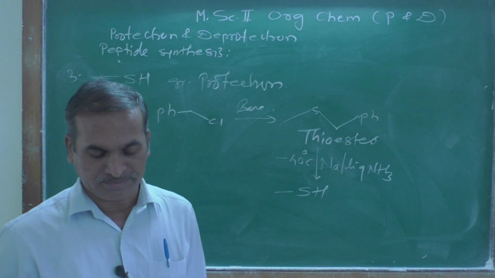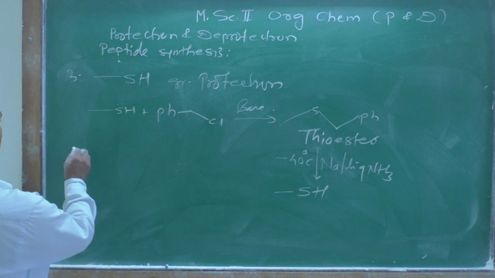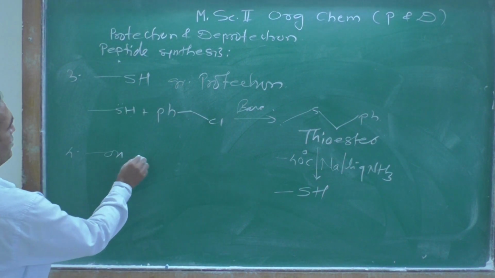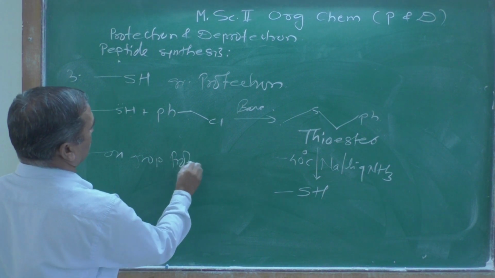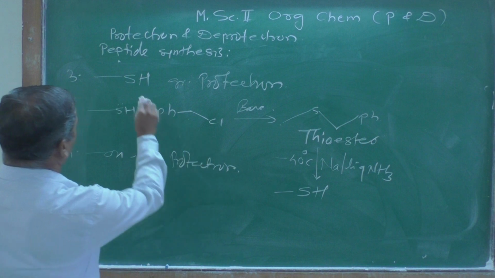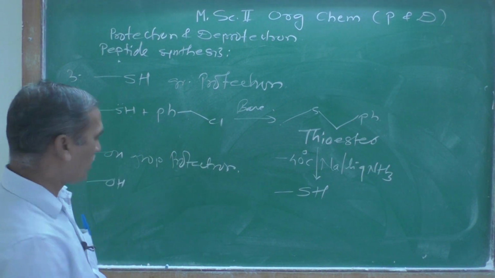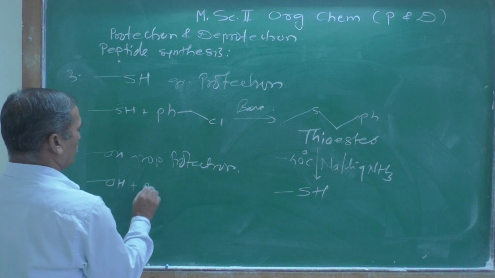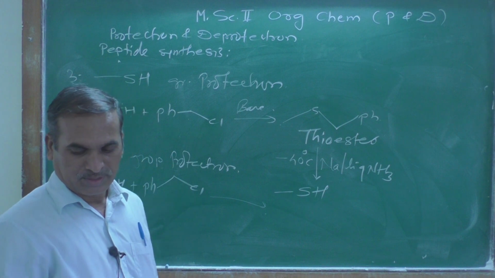Now the fourth one, OH group protection. As we know, this OH can be treated with benzyl chloride, PhCH2Cl, in the presence of base.